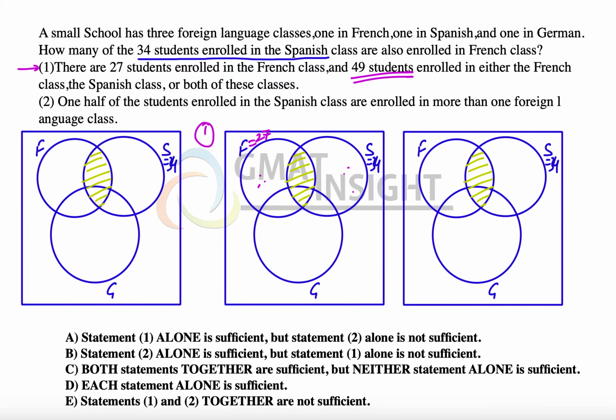We can say that 49 is basically this entire shaded region. So the shaded region is equal to 49.